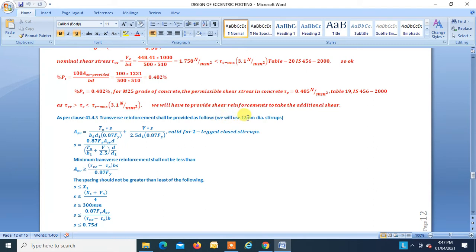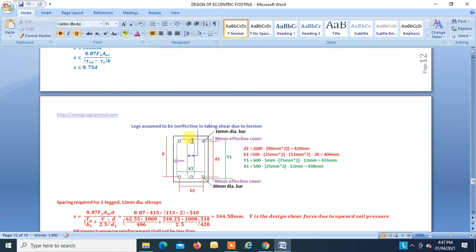We will be using 12 mm dia bar stirrups. This is the formula given in the code, and this is valid for two leg closed stirrups. Please remember. Let me explain why. Say this is our flexure member, and it is subjected to twisting moment. Then the shear due to the twisting moment will be on the periphery.